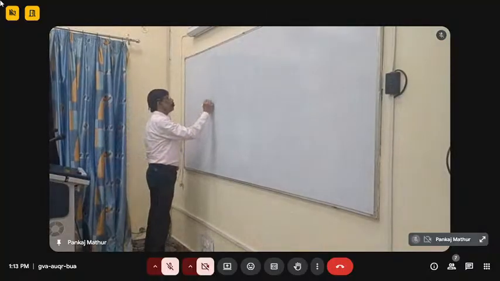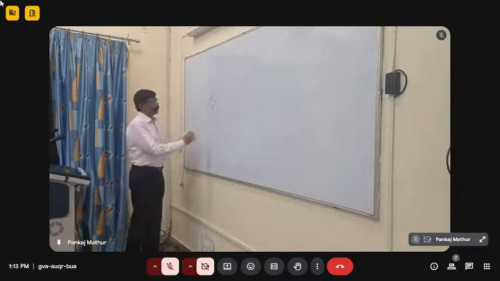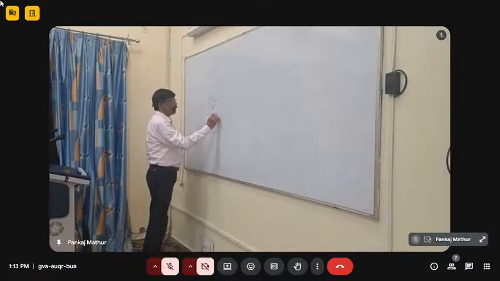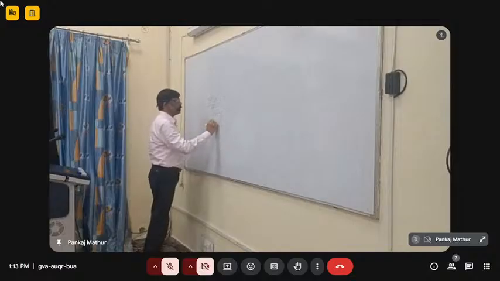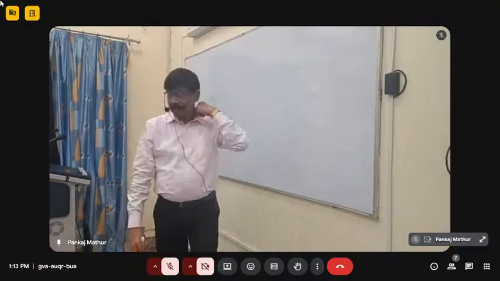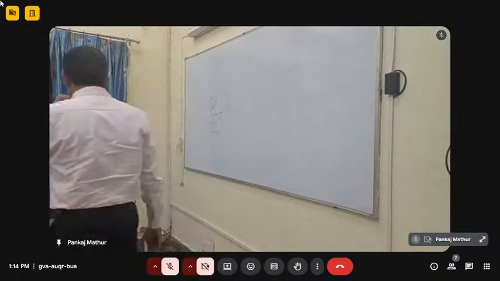Triangle law: alpha is a vector, beta is a vector, then alpha plus beta is given by this triangle. Parallelogram law: this is alpha, this is beta, and this is parallel to this, forming a parallelogram. The diagonal is the addition of the two vectors alpha and beta.